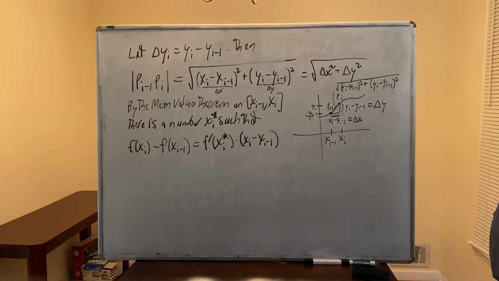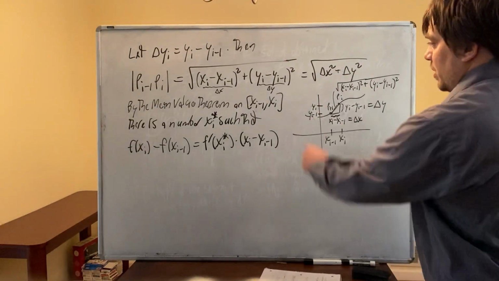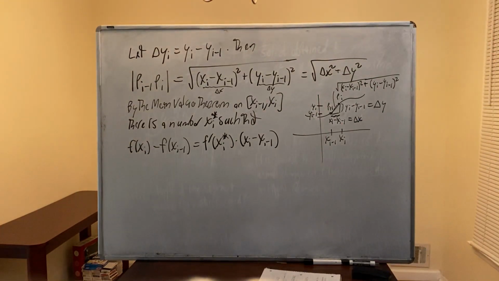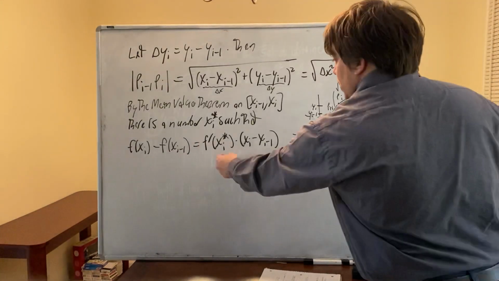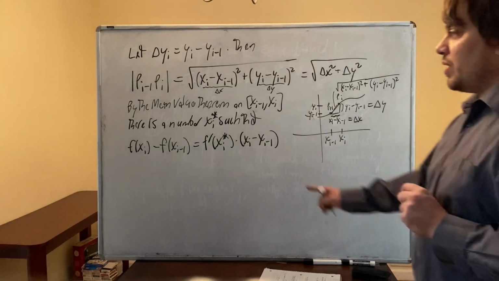Okay, so by the mean value theorem on that interval, there is a number x sub i star such that the difference in y values is equal to the derivative at that point times the difference in x values.